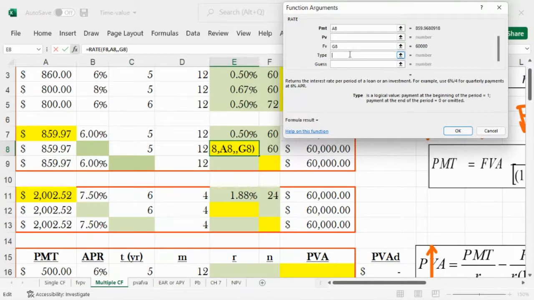No, why 100%? Does annuity due have a 100% interest rate? I mean, why do you say 100%? No, it's not 100%. Anyone else?